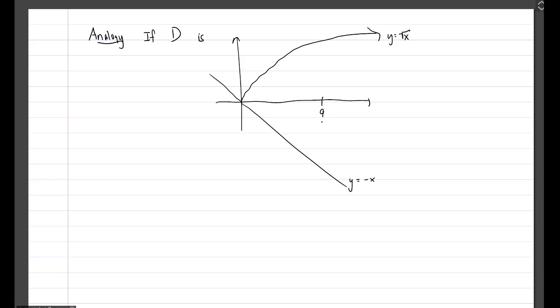So you've got this region bounded by the x-axis, the y-axis, and the line x equals 9, and the region is this one right there. That's the region D.